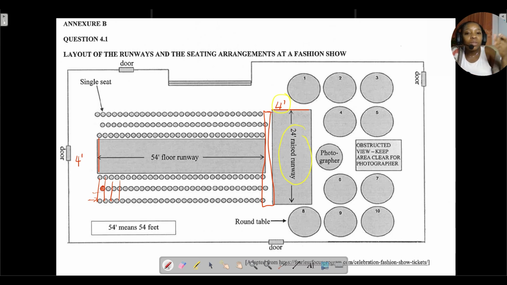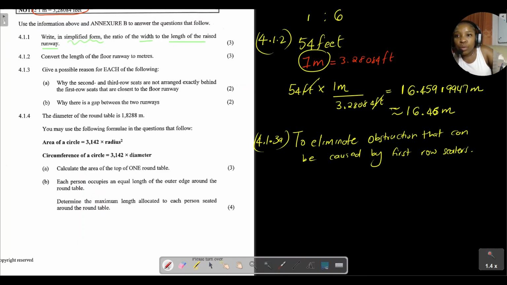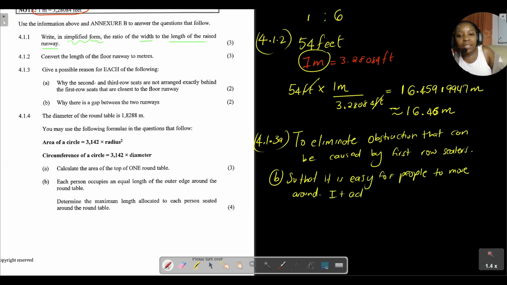It forms a passage and makes it easy for people to move around. B: so that it is easy for people to move around. It is a passage. Good. Question 4.1.4.